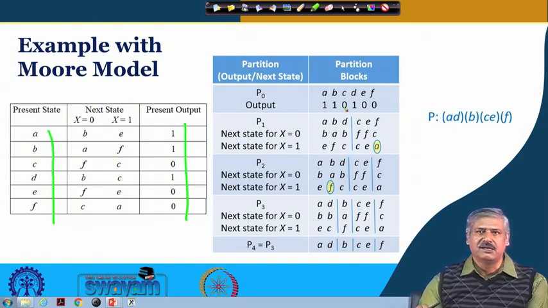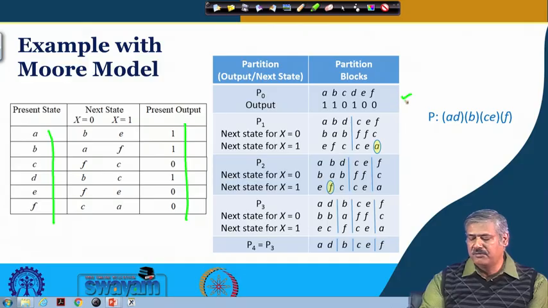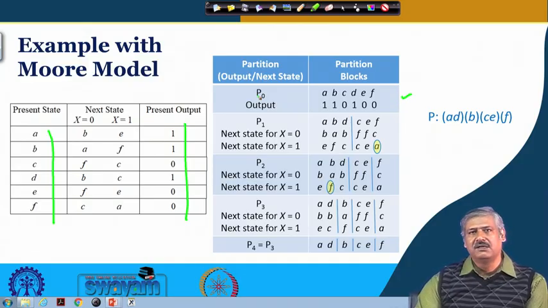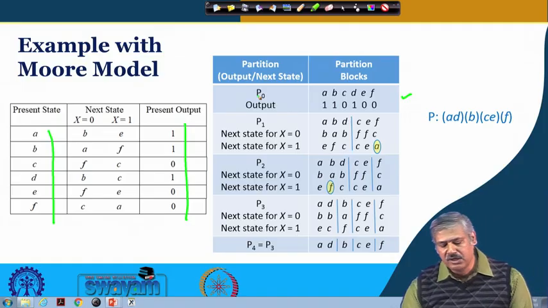That is the thing. Otherwise, the steps are the same. Only for the output, we see that only one row is there in the first block while getting P1 from P0, unlike the Mealy model. The rest of the steps are similar, because the rest of the states depend on the next state only, and the next state depends on x is equal to 0, x is equal to 1, it goes to one state or the other, right. So two such rows will be there in every case.